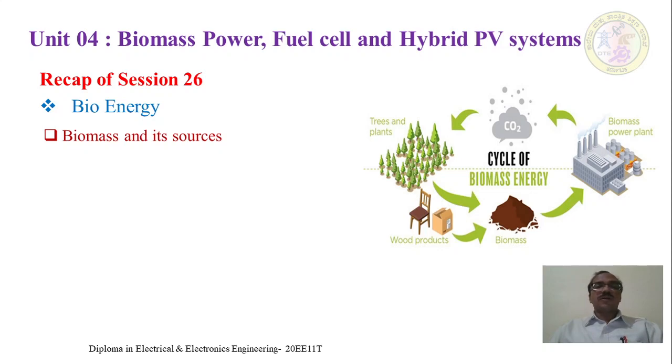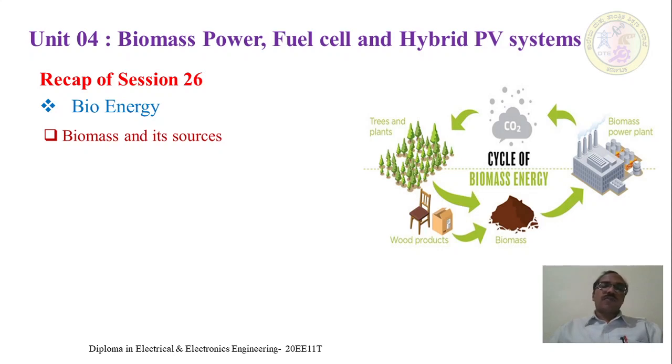Either it may be from agriculture residues such as husk of rice or the bagasse of the sugar cane, or different types of wastes which come out of the agriculture fields. And then we have discussed the energy crops such as beetroots, sugar cane and all that.